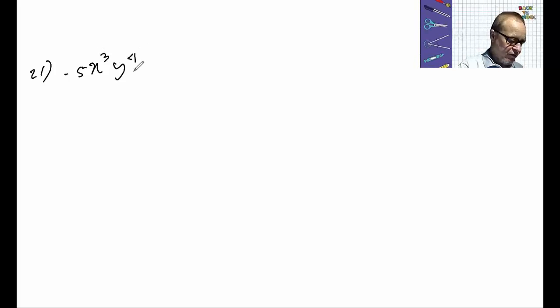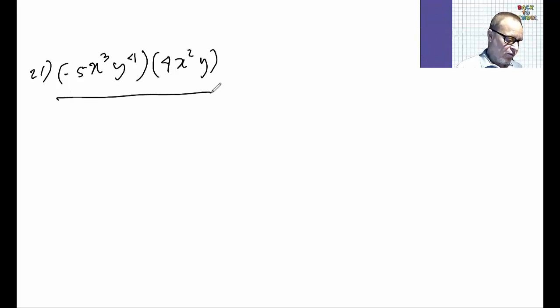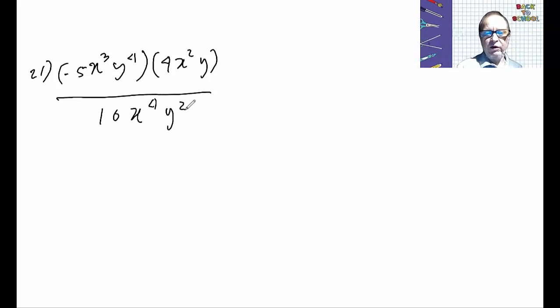In example number 21, I have 3 sets of monomials, negative 5x cubed, y to the 4th, and that's multiplied by 4x squared, y, and then we divide that by one more monomial, 10x to the 4th, y squared.